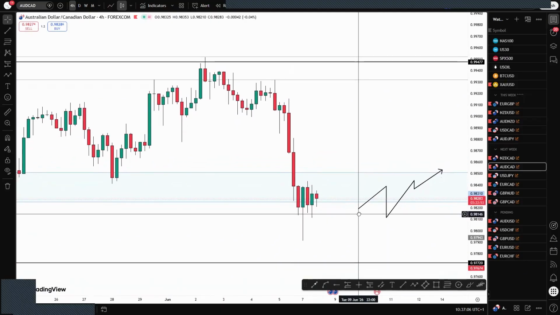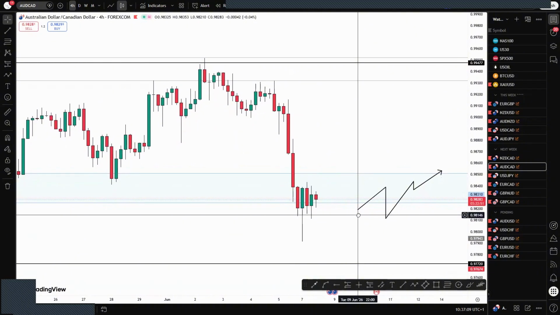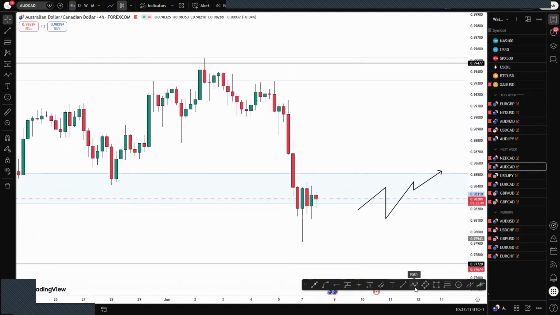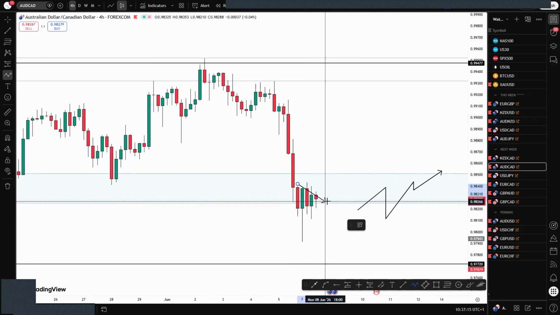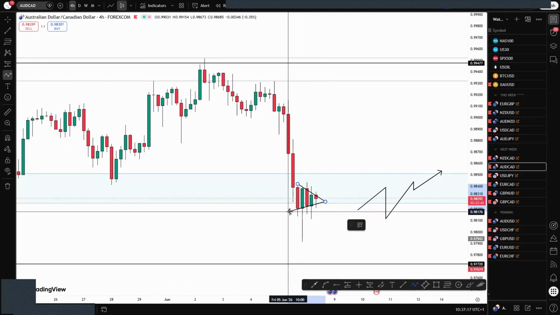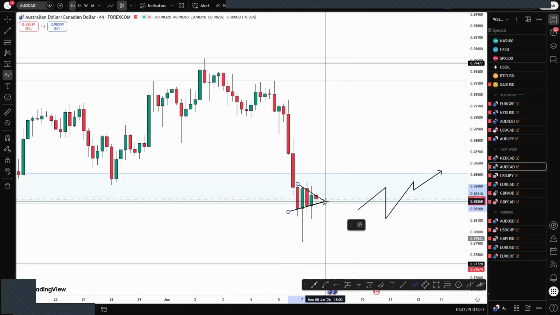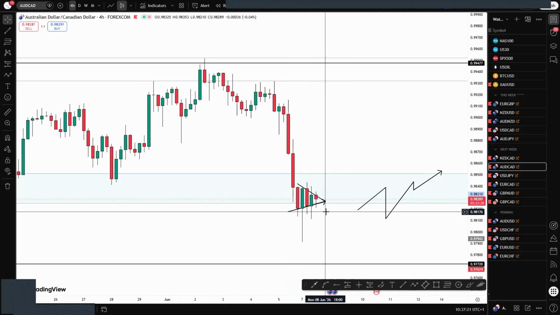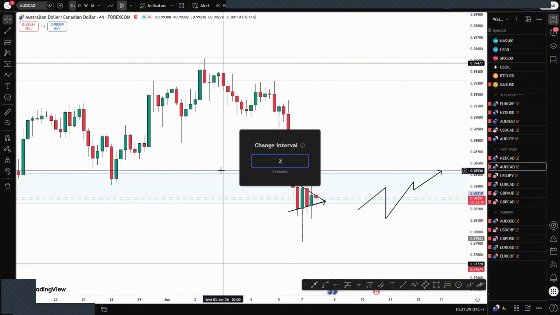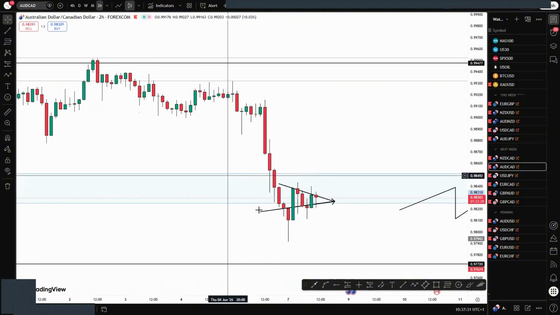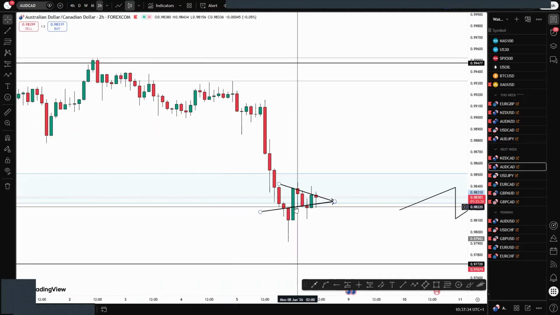This is the 4-hour time frame. If you guys can see this, this is a very strong symmetric triangle. So if price breaks above or below, price will buy. If I put in the 2-hour time frame, you see it clear. Oh no, it's not clear on the 2-hour time frame.